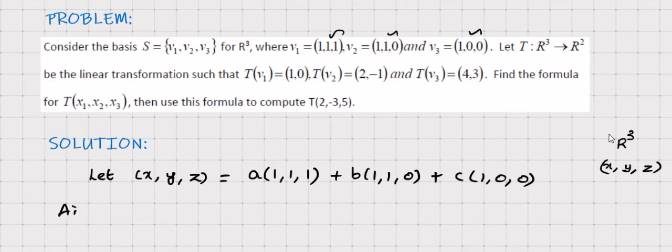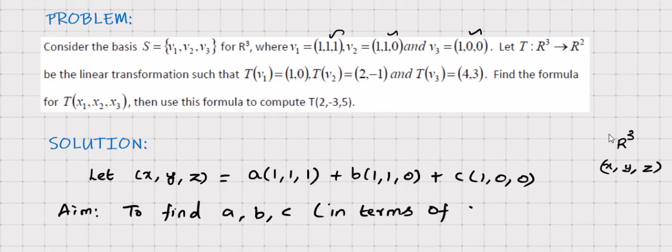Our aim is to find out a comma b comma c, which will be in terms of x comma y comma z only.